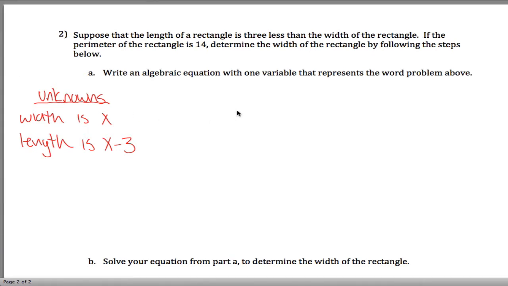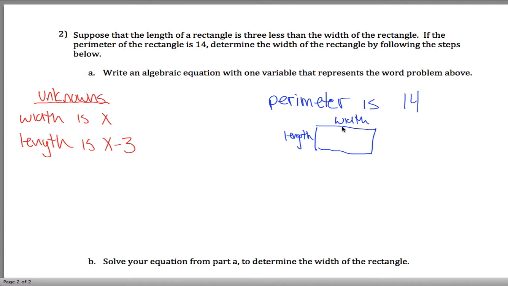Now that you have them in terms of x's, you can use the rest of the information, namely that the perimeter is 14. What that's saying is that I have my width and I have my length. If I go all the way around this entire thing, I get a width, another length over here, another width down here, and a length over here.